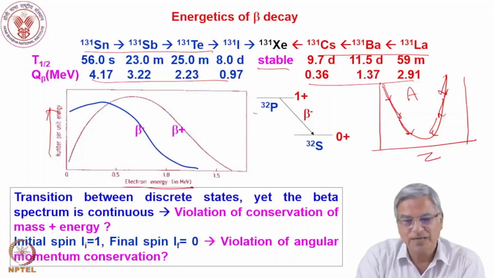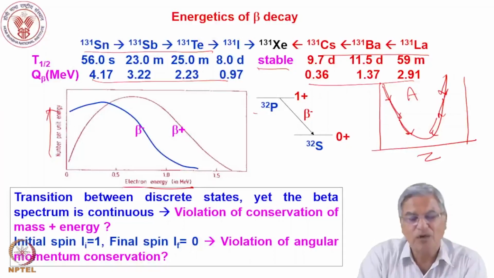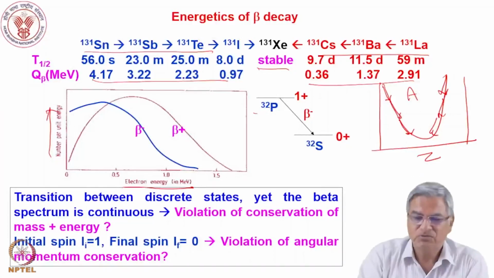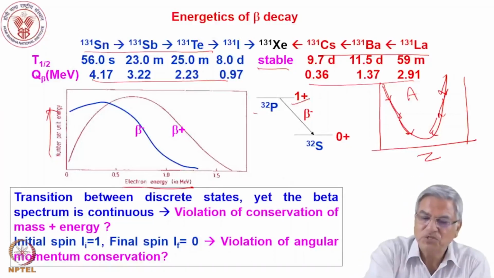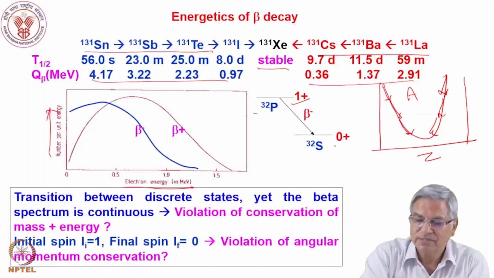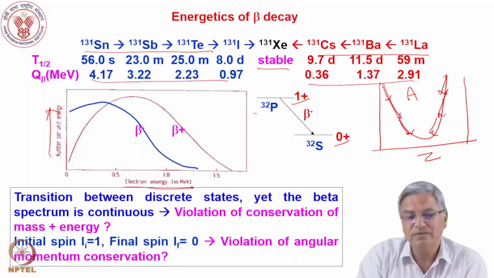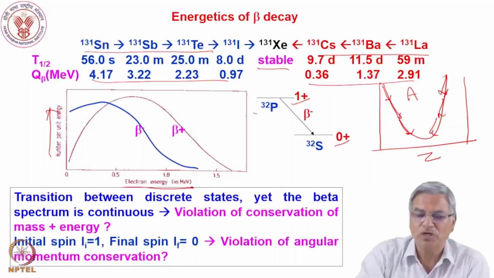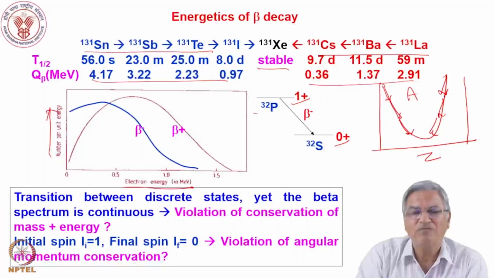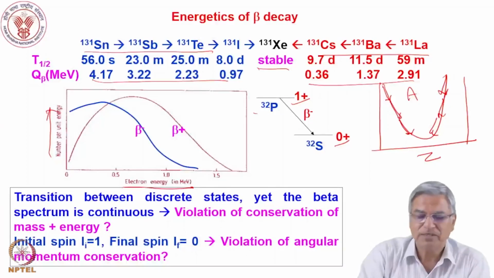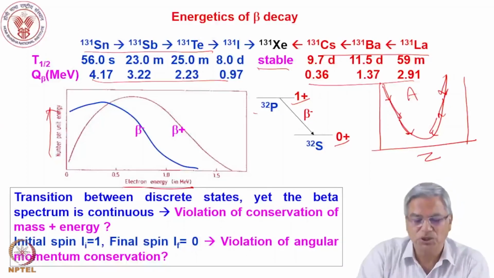Another apparent violation is angular momentum conservation. You see here, phosphorus 32 is 1 plus, and sulfur 32 is 0. If only an electron was emitted, the electron spin is half. So 1 plus or minus half can be half or 3 by 2, but the final spin is 0.